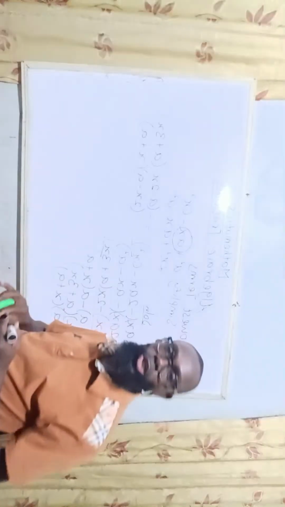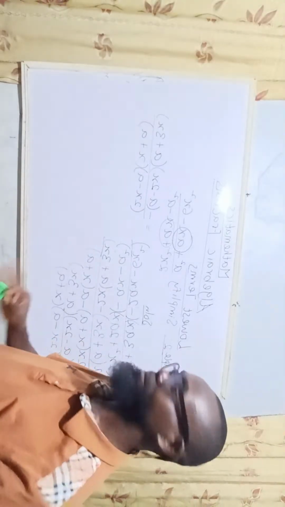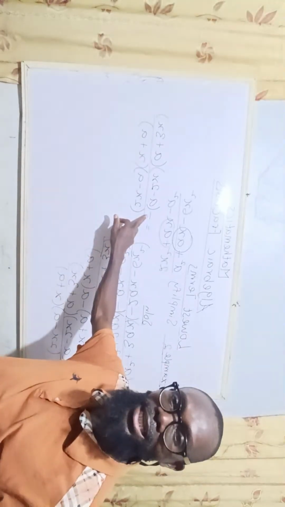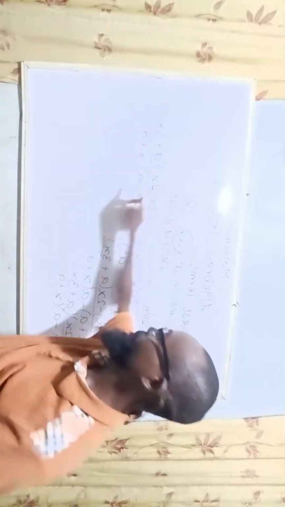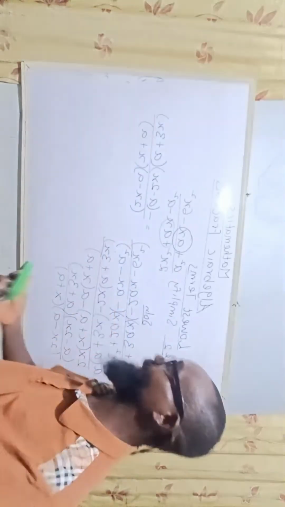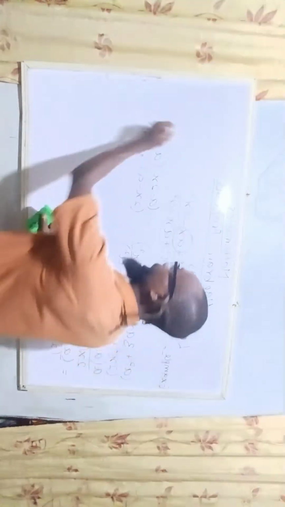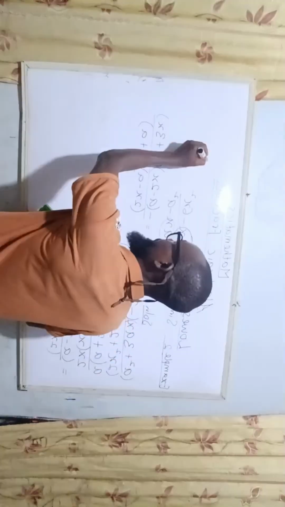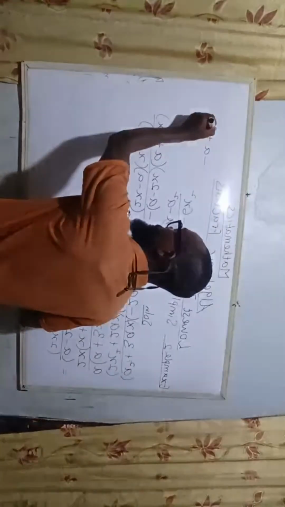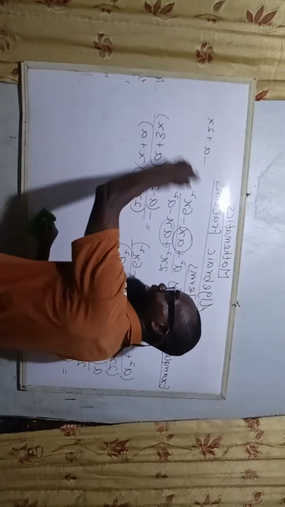The introduction of this negative sign has made this value here look the same. How? Look at it. If I open this bracket here with this negative sign, I'm going to have minus times plus, I will have minus. Minus times minus, I will have plus 2x.